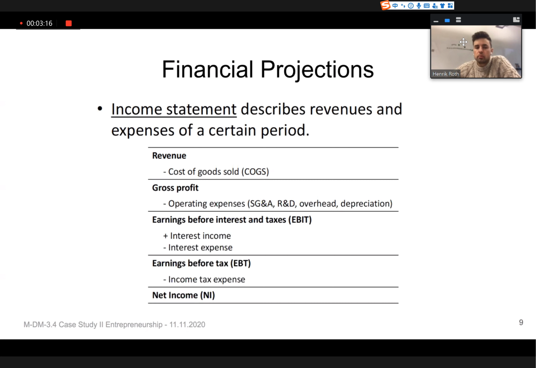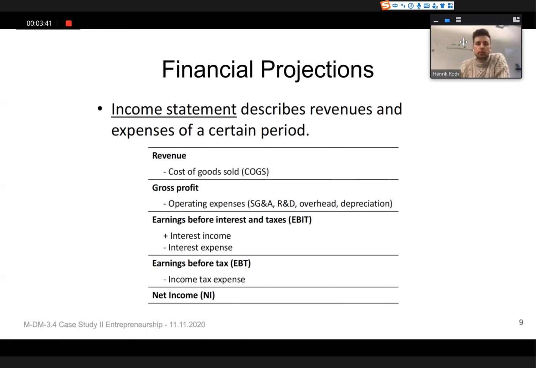Then the third important term is the gross profit. The gross profit is your revenue minus the cost of goods sold. And that gives you the gross profit. Then from the gross profit, you have to subtract the operating expenses. These are mostly all the fixed costs you have.